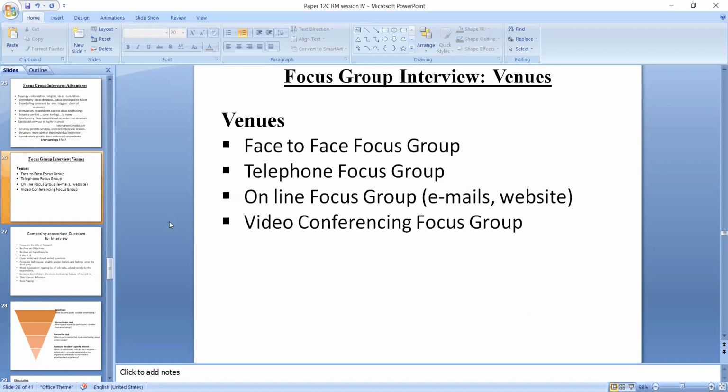Sometimes FGDs are conducted on telephone, online, or by video conferencing, but obviously physical ones are more beneficial because you can clearly watch the body language, facial expressions, gestures, postures, and all that. Telephonic interviews or focus groups are such where you only want to seek information. Beyond that, you don't want to go deeper.